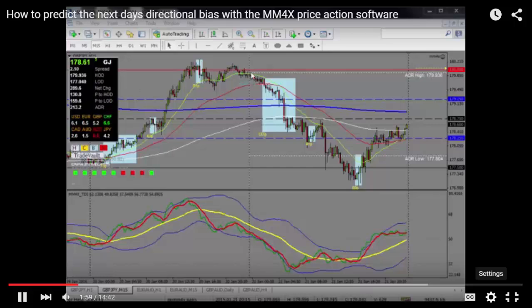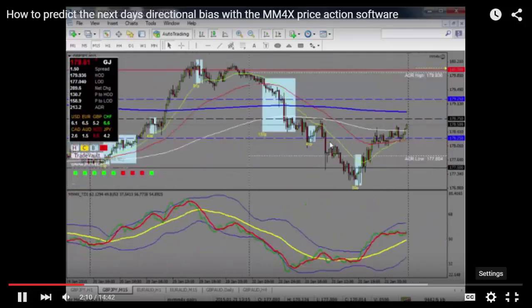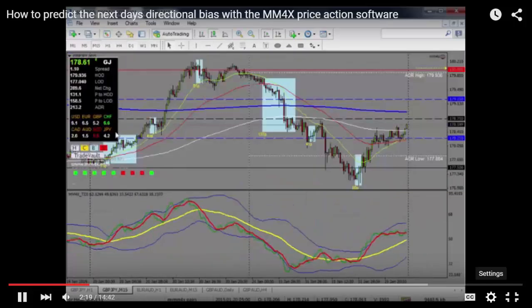Today, the pair moved 289 pips from the high of the day to the low of the day. And over the course of the last 14 days, the average daily range was a total of 213 pips.